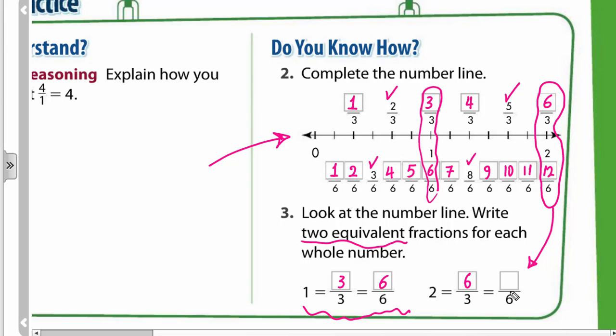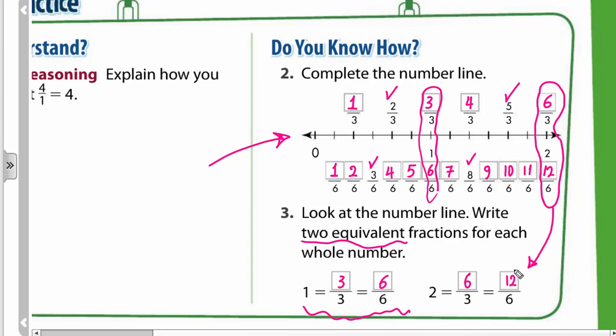Yes, 6/3. How many sectors? 12 sectors. Okay, thank you, Hussein. So, my heroes, that's how to use the number line to find equivalent fractions to the whole numbers. Any questions? Any problems?